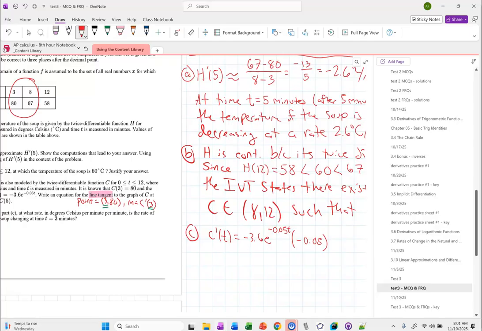See the bitty guy? So C prime of 3 then is going to be positive 0.18, I think. Negative 0.05 times negative 3.6. Does that look right? Kate's shaking her head yes.